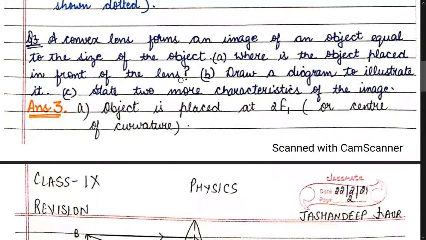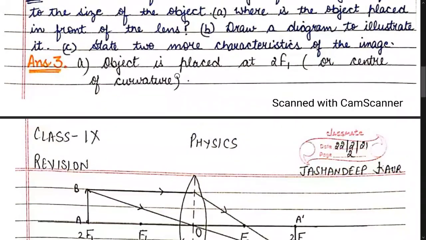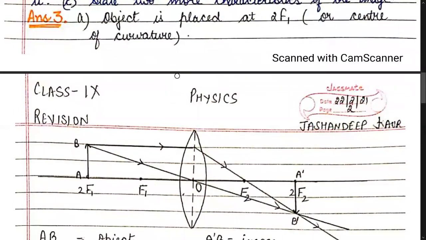Question number 3 is, a convex lens forms an image of an object equal to the size of the object. So where is the object placed in front of the lens? Draw a diagram to illustrate it and state two more characteristics of the image.